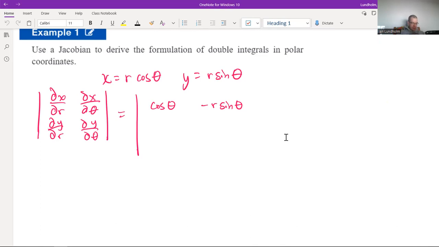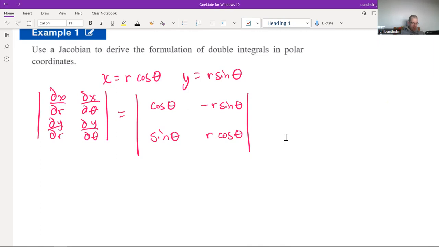We take the derivative of y with respect to r, we would have sine theta. And if we took the derivative with respect to theta, we would have r cosine theta. So that's our Jacobian determinant in this case.